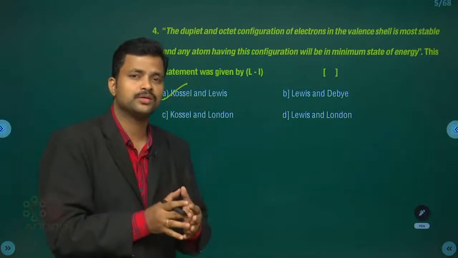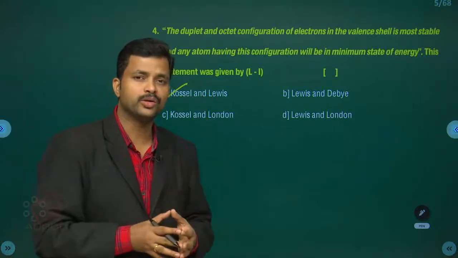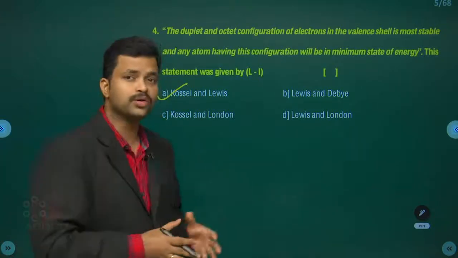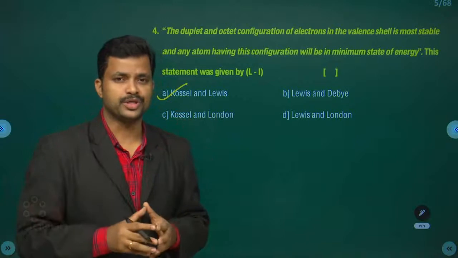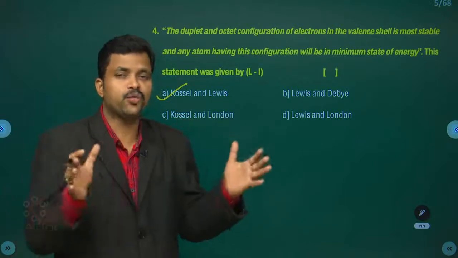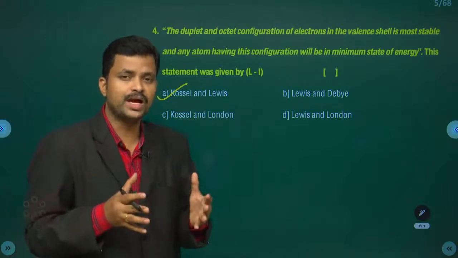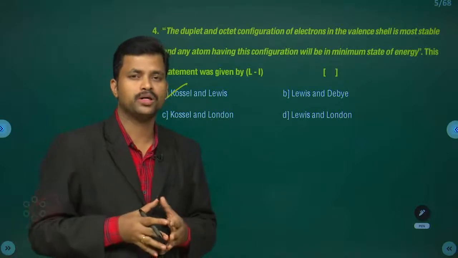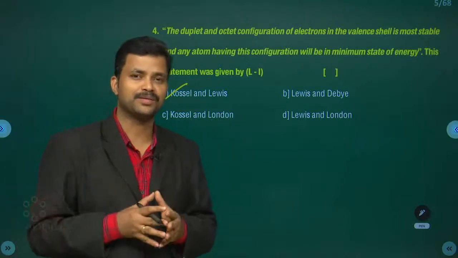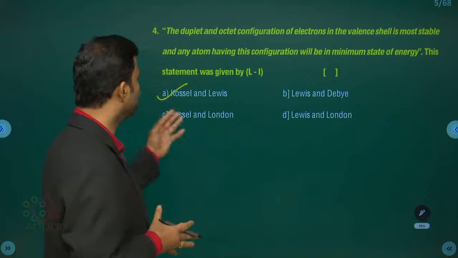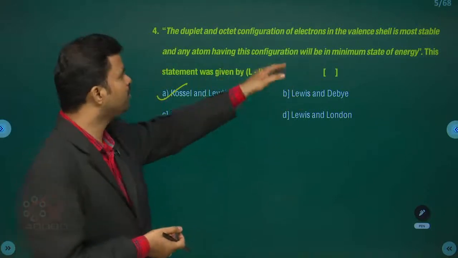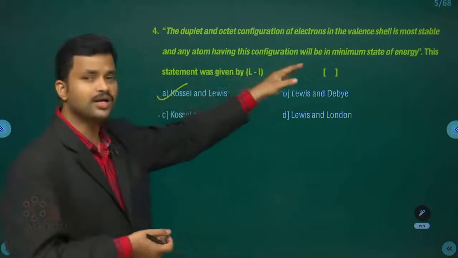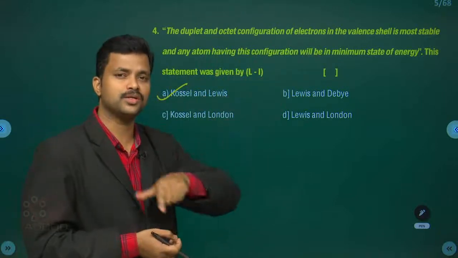Lewis worked on organic molecules, whereas Kossel worked on inorganic molecules. Both have the same output, different countries, independent work with the same concept. So minimum energy if they have duplet or octet configuration in the last orbit.